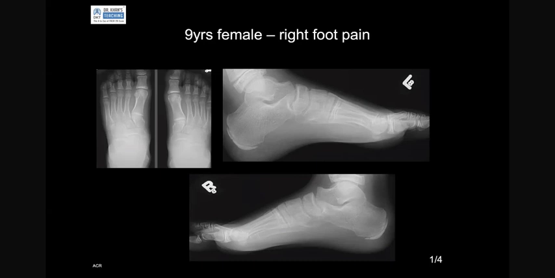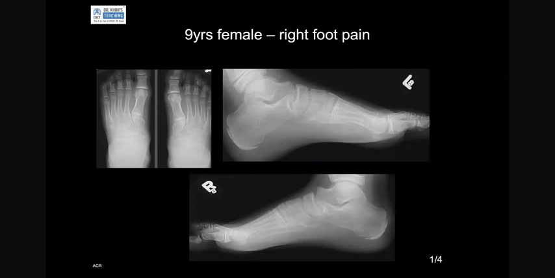In bony coalition, the bone marrow will merge. In cartilaginous, there will be a sort of pseudo joint. On MR, it will be slightly high signal, telling you that this is cartilage. And fibrous coalition will be low signal on all sequences on MR. So on CT or MR, you don't have to worry about whether it is cartilaginous or fibrous.